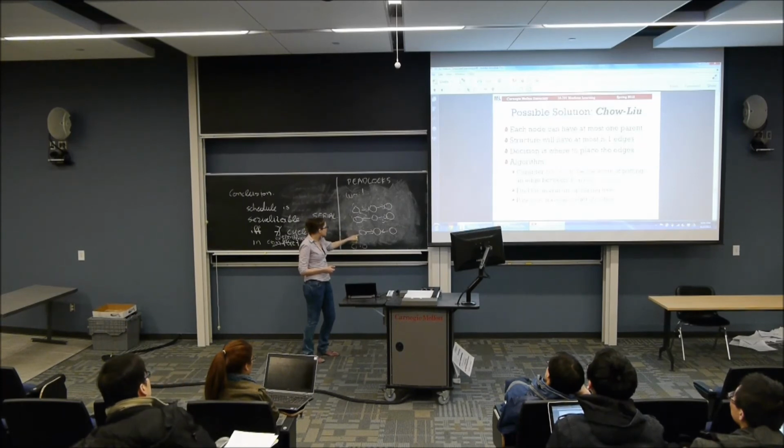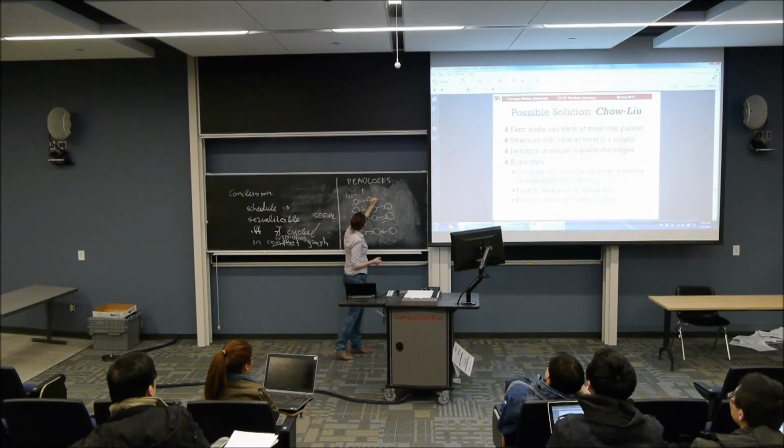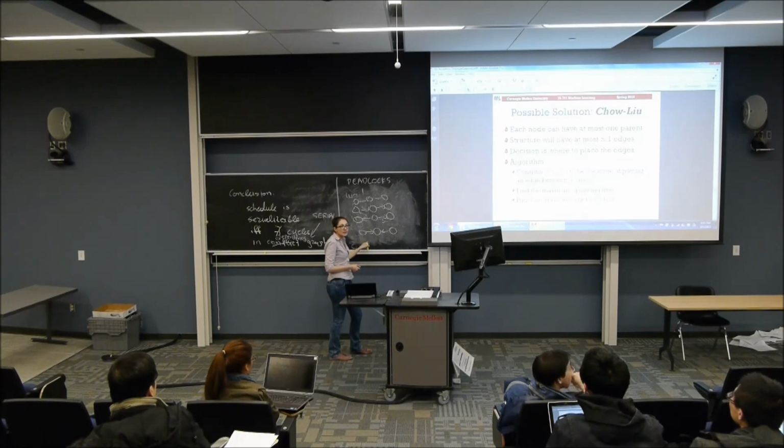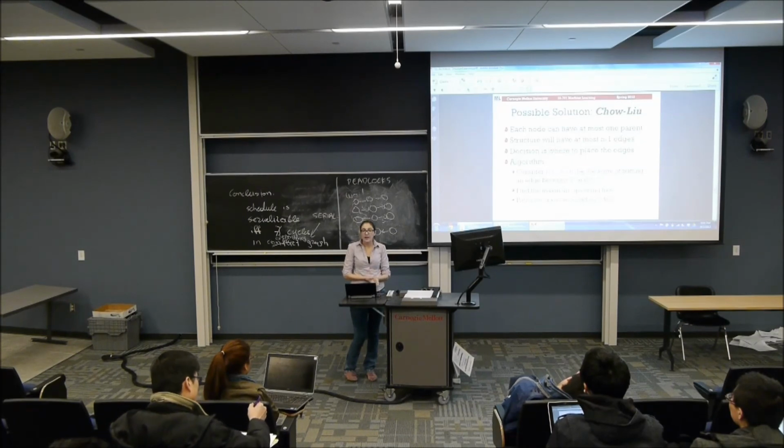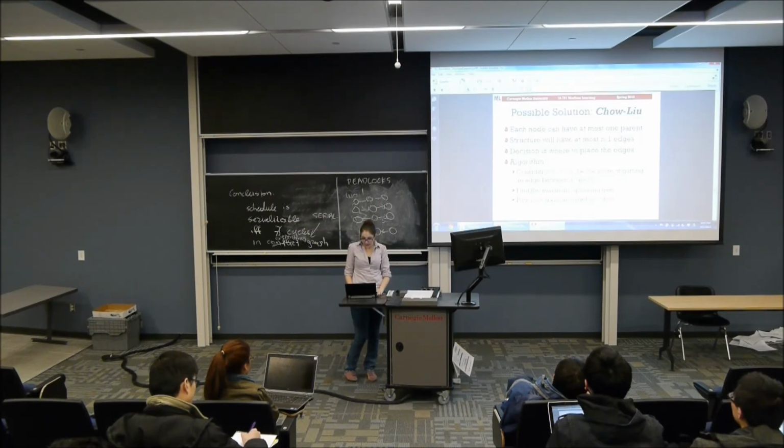By using depth first traversal, if your skeleton is just this, traversing the tree will never give you something like this. So the algorithm is guaranteed to give you a legitimate tree that will not have these structures. Okay? Alright, so do you guys kind of get what's going on? Okay.